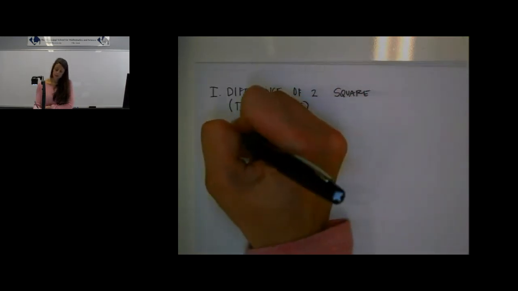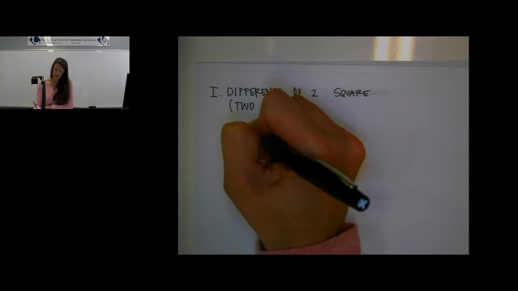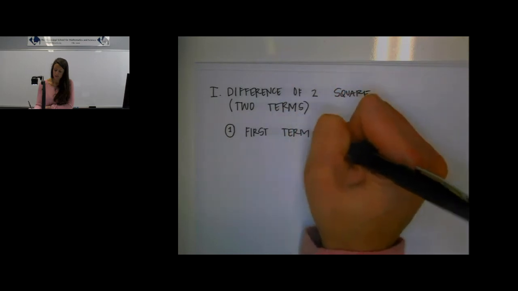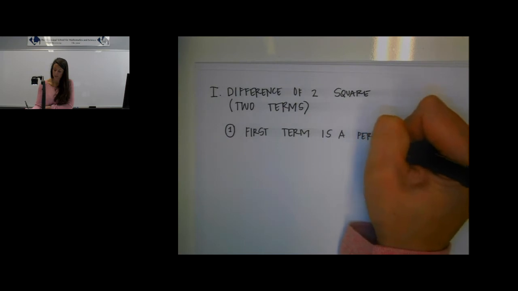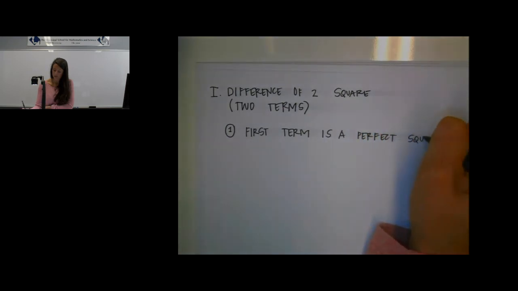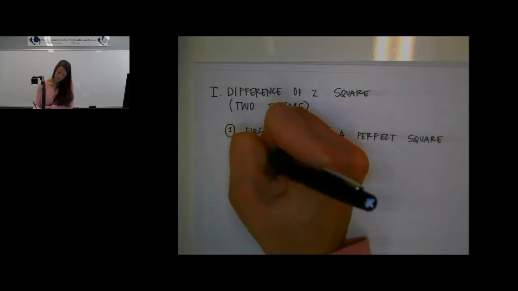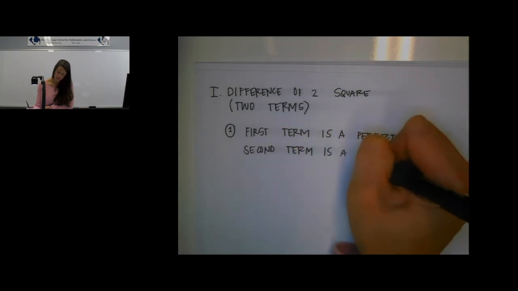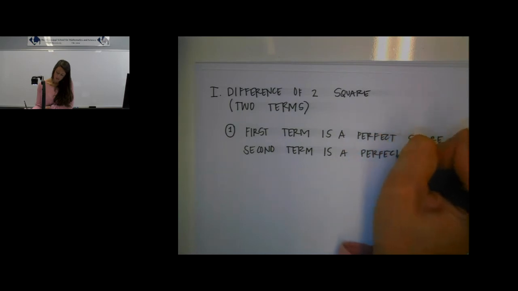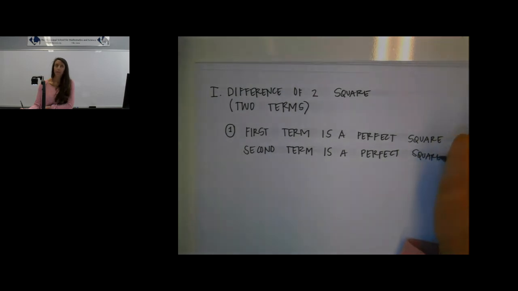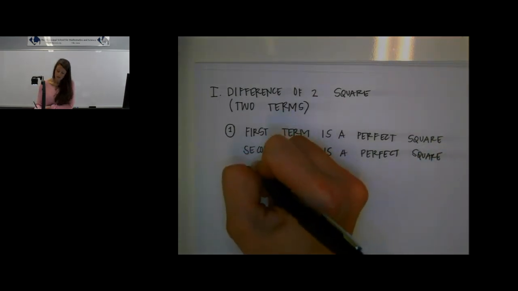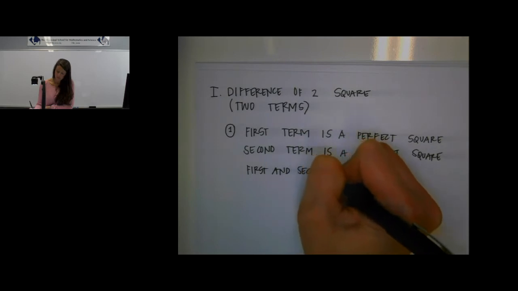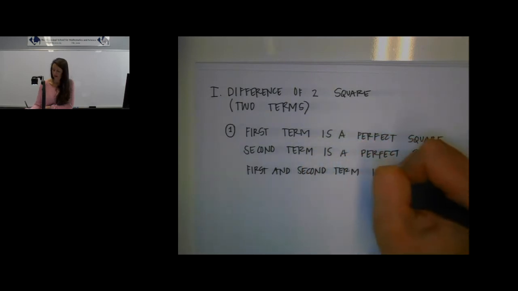The difference of two squares means that your first term is a perfect square, the second term is a perfect square, and the first and second term have a minus sign in between.